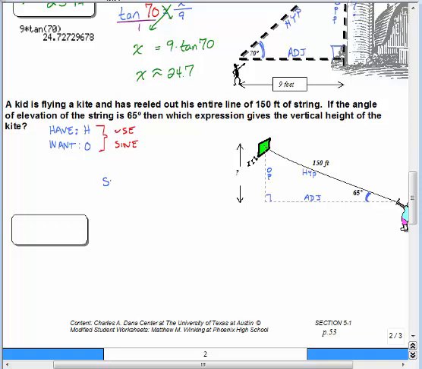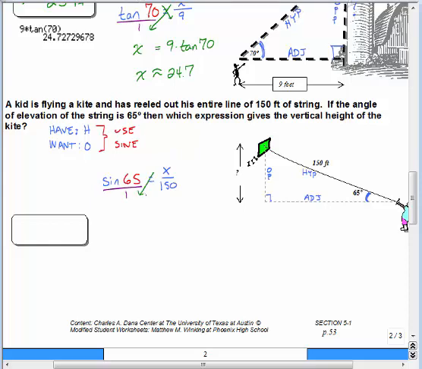And then set up the statement. So sine of the given angle, 65, is equal to opposite over hypotenuse. And in this case, we know the hypotenuse is 150. And I'm looking for the opposite, so I'm going to call that x. And then put sine of 65 over 1.